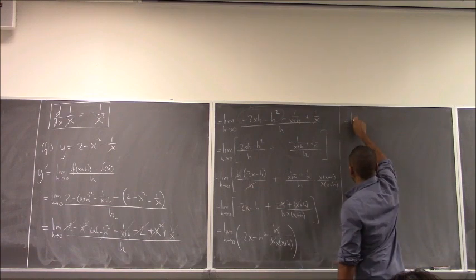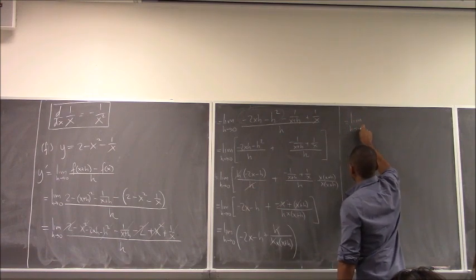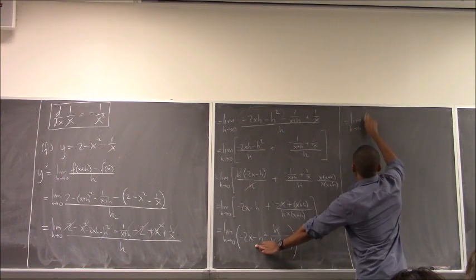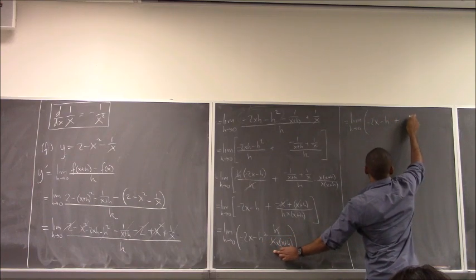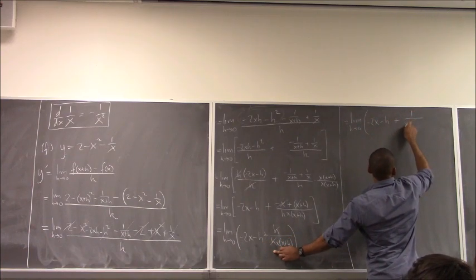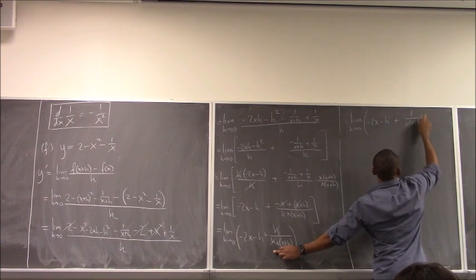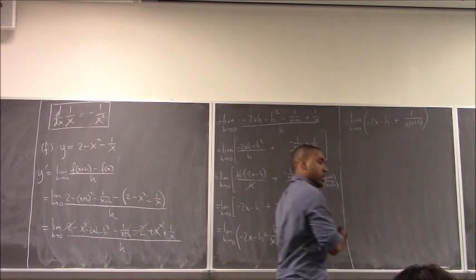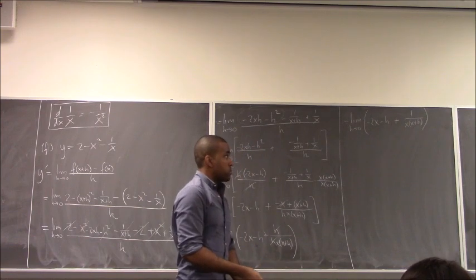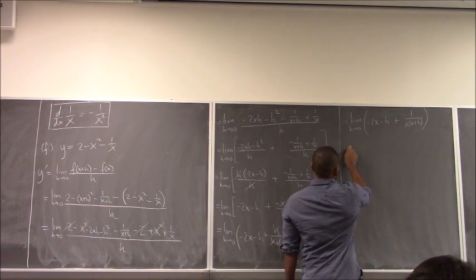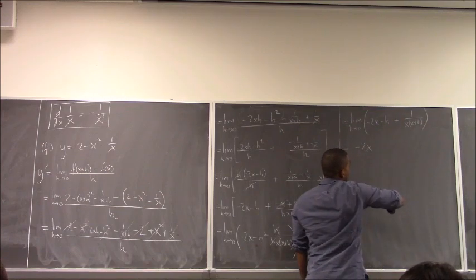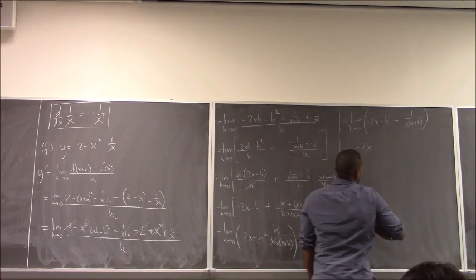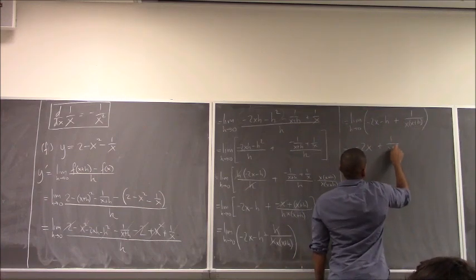And so now, basically, I have the limit as h approaches 0, minus 2x minus h plus 1 over x times x plus h. And at this point, I can plug in h equals 0 without any division by 0 happening anywhere. And so that would be minus 2x, h is 0. Here I plug in h equals 0, plus 1 over x.